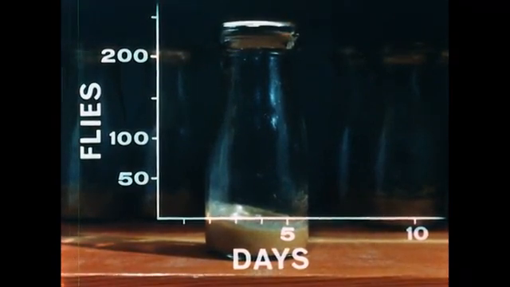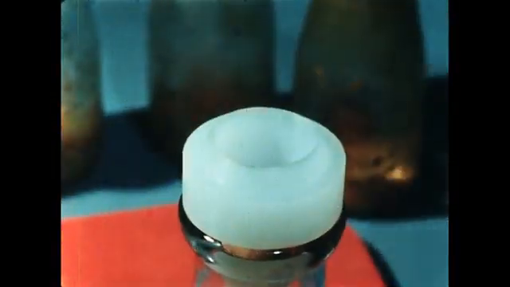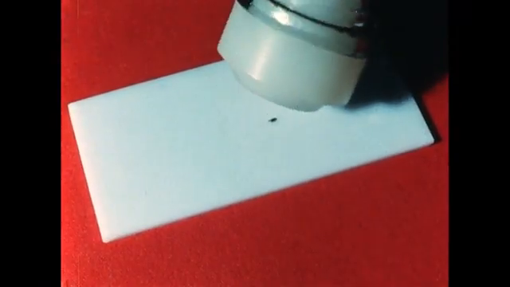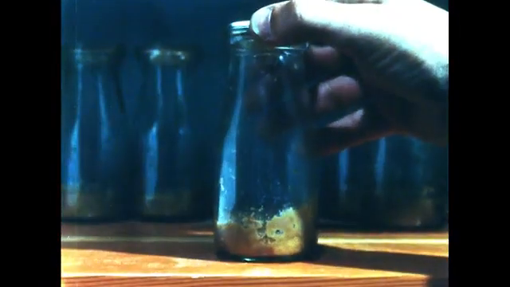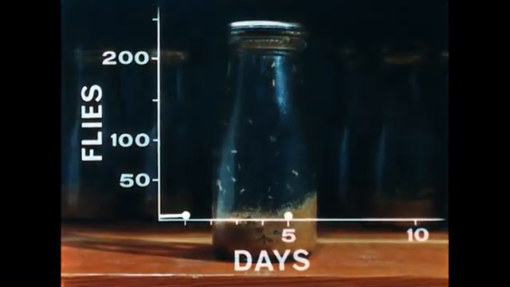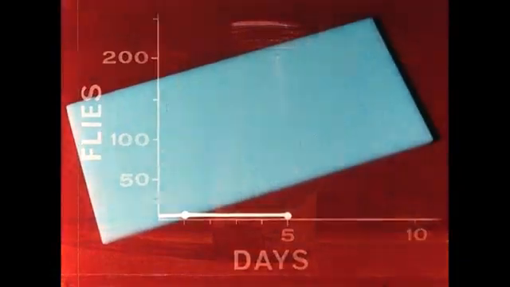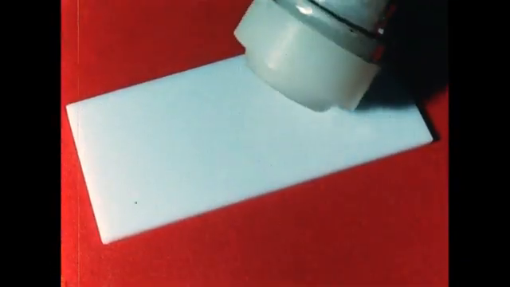On day 1, the fruit fly population in the culture jar is 2. On the 5th day, the first census is taken. There are still only 2 flies in the bottle. On the 9th day, the fruit fly population has risen by 1.